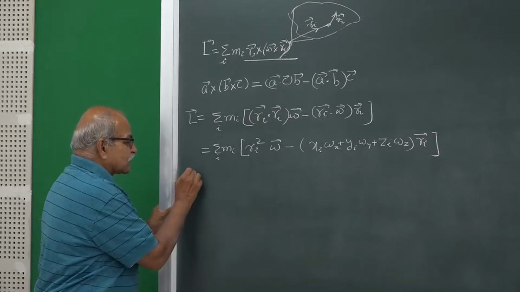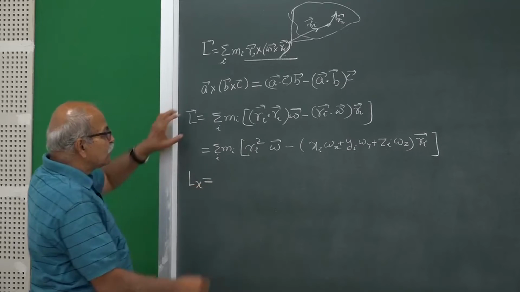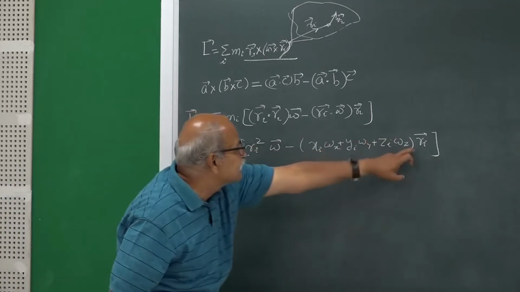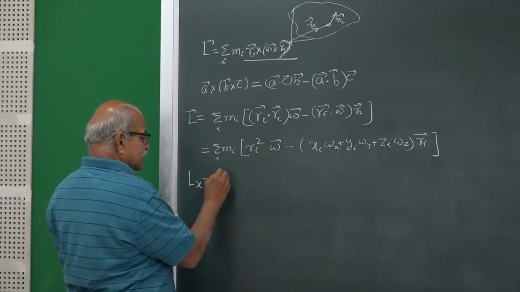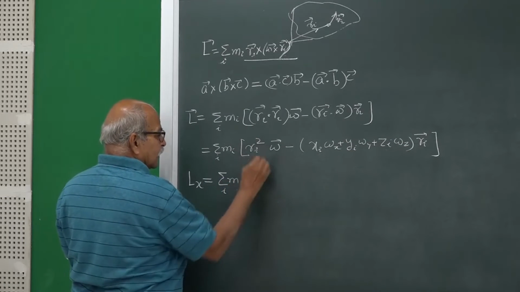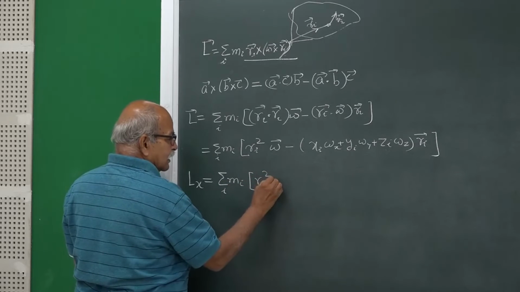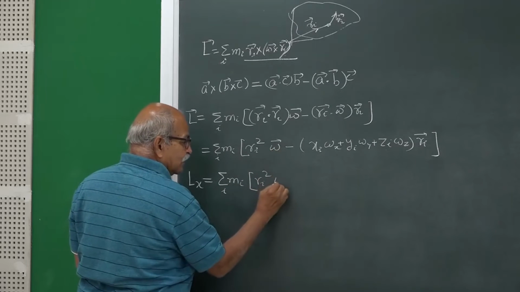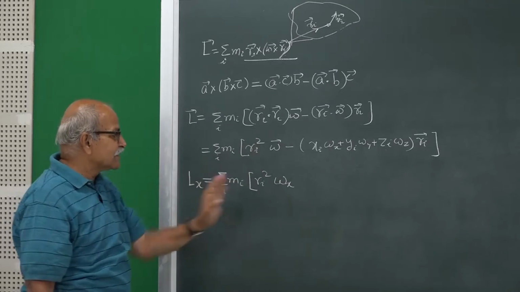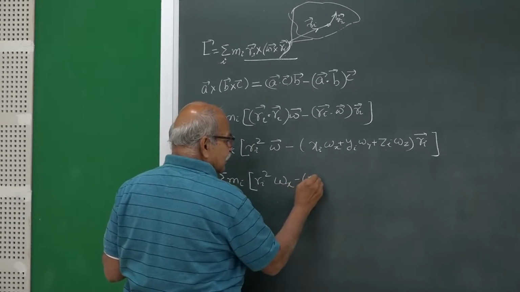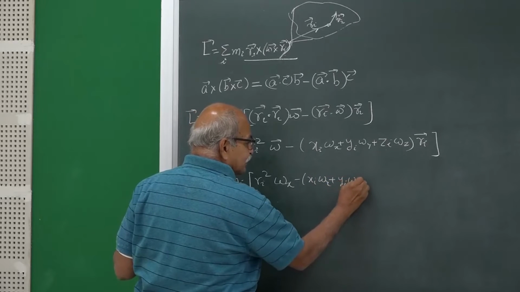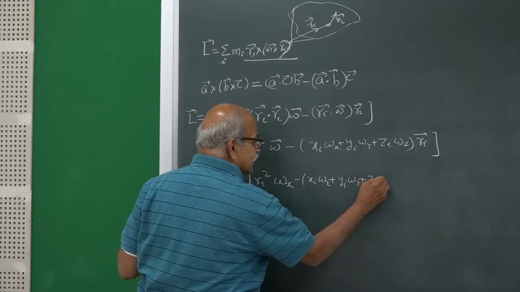Let us see what is L_x, the x component of this angular momentum vector. So, x component, here is a vector and here is a vector, and I am taking the x component: summation over i m_i r_i square, and then omega_x. I am only taking the x component. These x_i omega_x, y_i omega_y are all scalar quantities, they are not going to change.